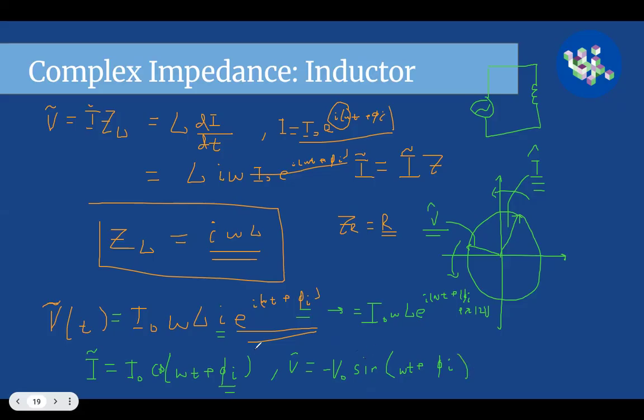So notice that I and V are off by 90 degrees in their phase. I will be going as a cosine function, V will be going as a sine function.